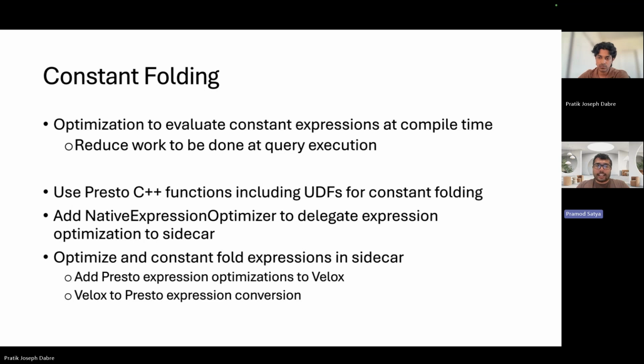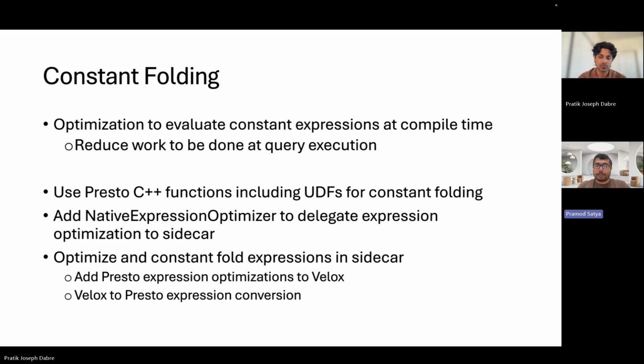Once we get an optimized Velox expression, by which I mean an expression that has been optimized using the special form expression optimization rules that Presto has, and that has been constant folded in a bottom-up manner, we'll convert it back to a Presto row expression in the sidecar.